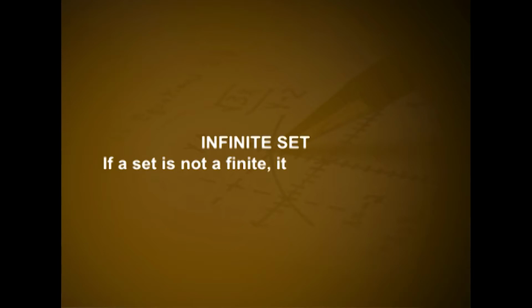It is a set having finitely many elements in it. The number of elements in a set is usually called the cardinality. We denote the cardinality of the set A by #A. Next is the infinite set. If a set is not finite, it is an infinite set.